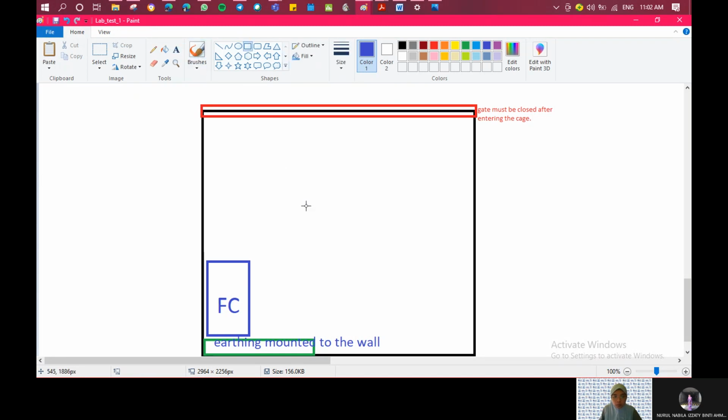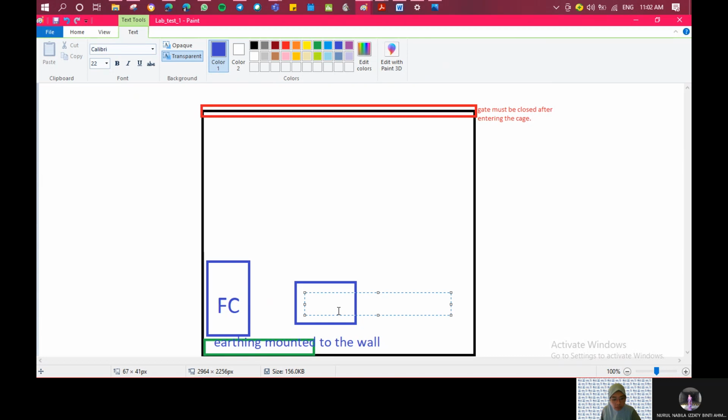Here will be the transformer. We label it HVTX, the high voltage transformer.